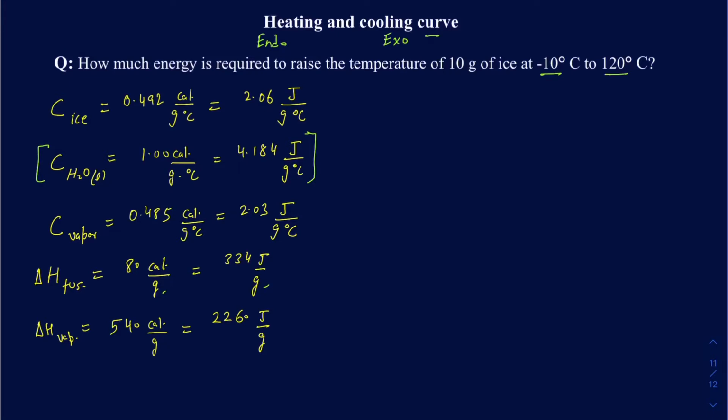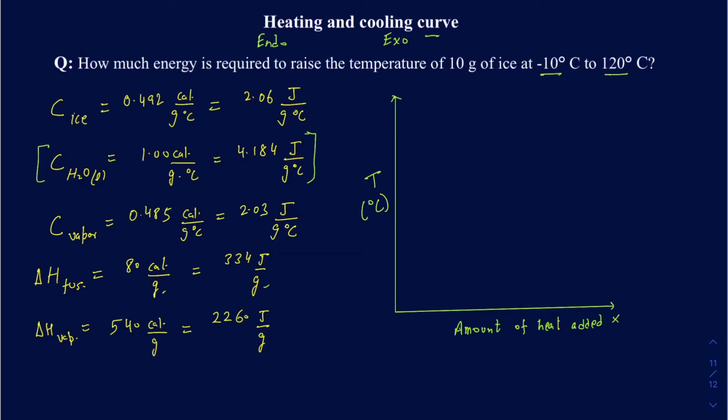So when I'm drawing the heating curves, and even the cooling curves as well, you want to have an x-axis and y-axis. On the x-axis, you're going to have the amount of heat added. In this particular case, since it's a heating curve, you want to write down the amount of heat or energy added on the x-axis, and on the y-axis you will have the temperature, which in this case is going to be in degrees Celsius.